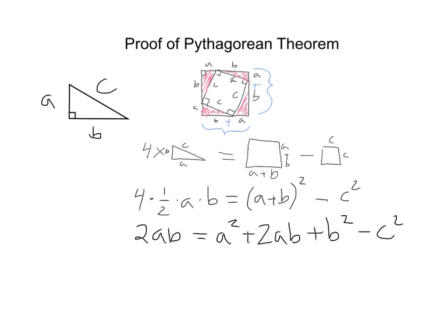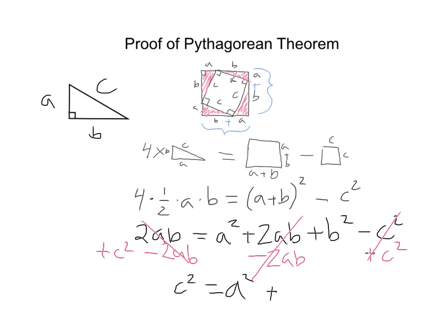And now all I'm going to do is add C squared to both sides to move it over to the left, and I'm going to subtract 2AB so that it disappears from both sides. And now the C squared is gone, and look at what we've got on the left: C squared is equal to A squared plus B squared. It's a nice, simple, short little proof of the Pythagorean theorem.